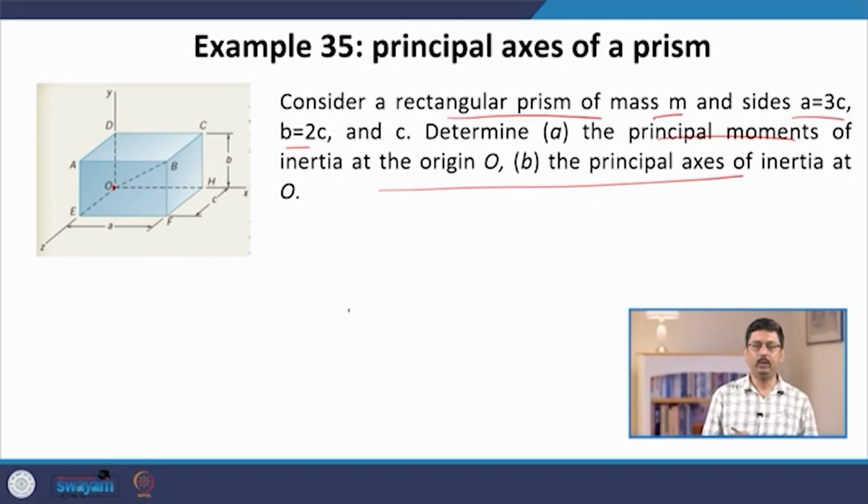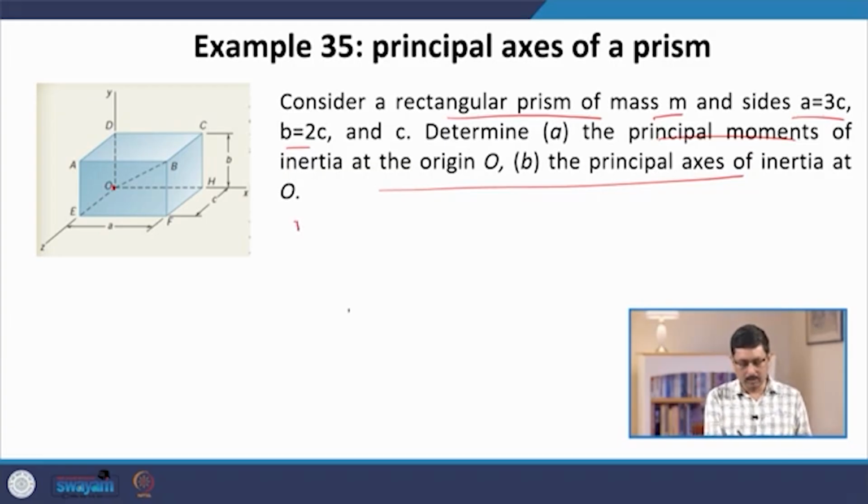So, again the same origin at the corner and the x, y, z axes along the sides of the prism. Given this system, in one of the earlier examples we already calculated the components of the moments of inertia.